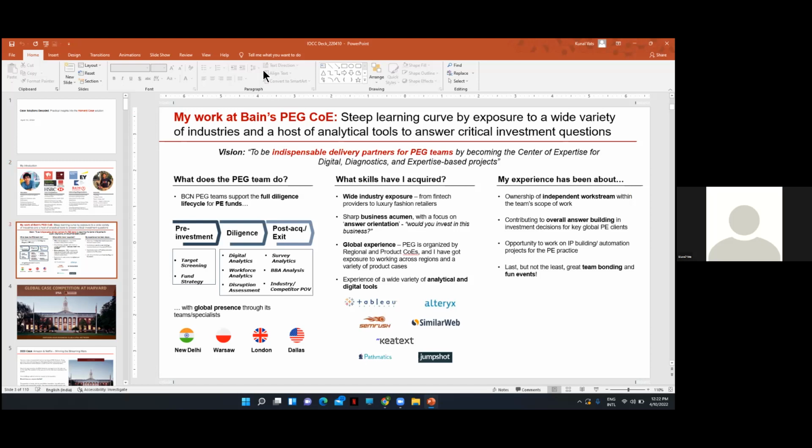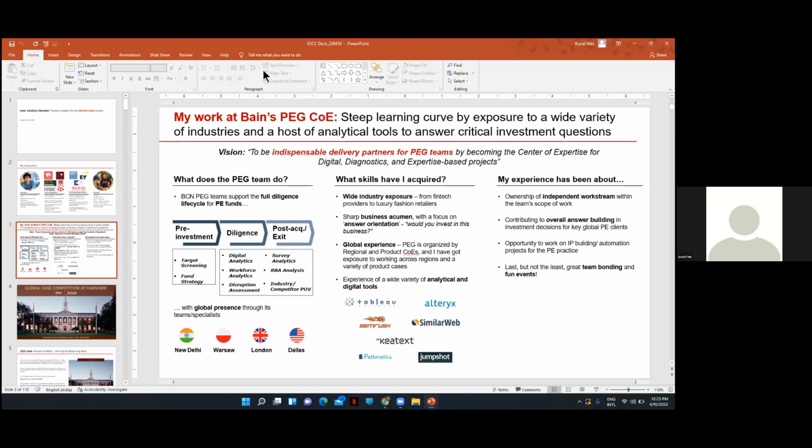Then you're looking at diligences wherein you're conducting a diligence on an existing portfolio company of a private equity fund. And one would be a post-acquisition scenario wherein the PE firm wants to probably exit from the situation, and you want to consider whether it's worth exiting or where to exit from there.